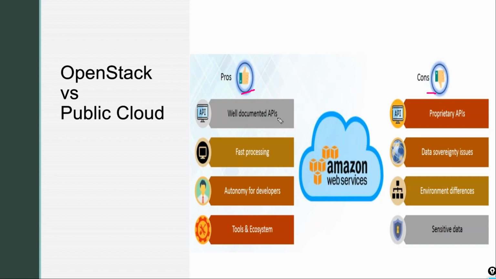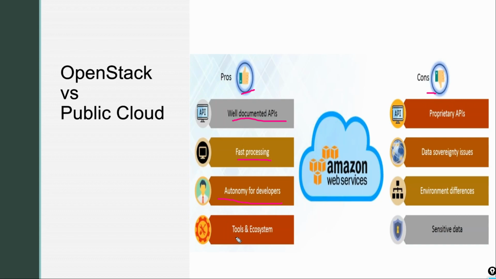It is well documented in APIs, so the APIs are extremely good and well documented. It's fast processing, so it can process everything very fast. By just pinging Amazon and having your cloud, you can have the best computer on your cloud and do all of the processing. It's extremely fast, with full autonomy for developers. Tools and ecosystems are perfect, and it's very adaptive.